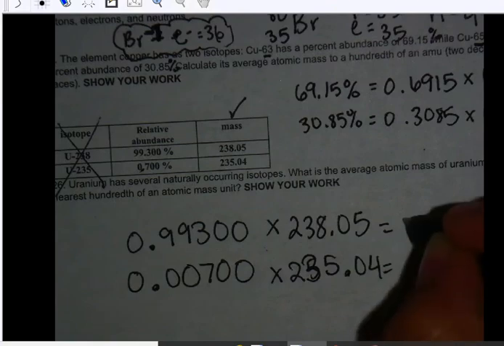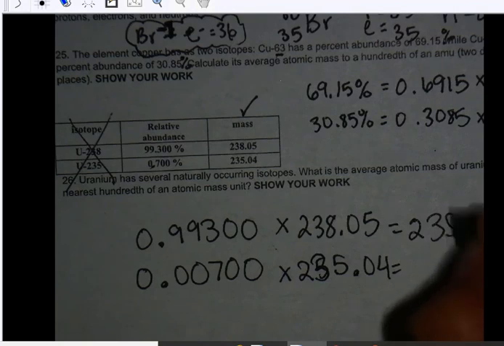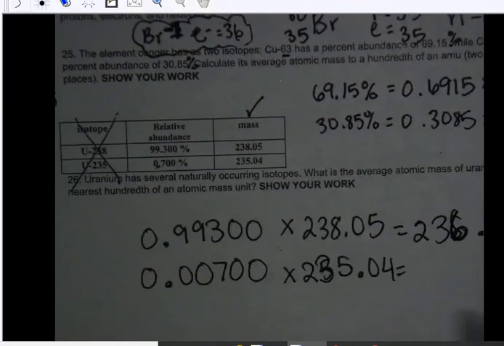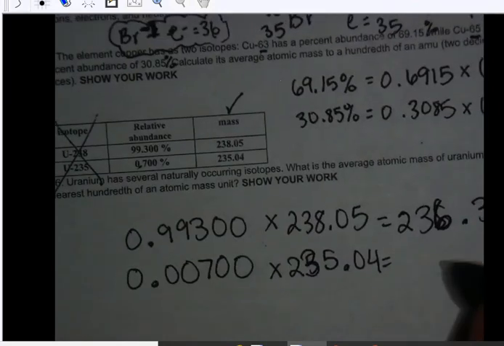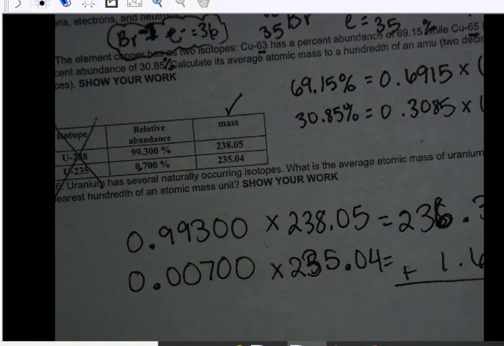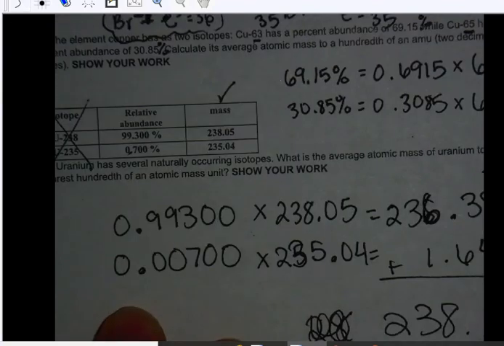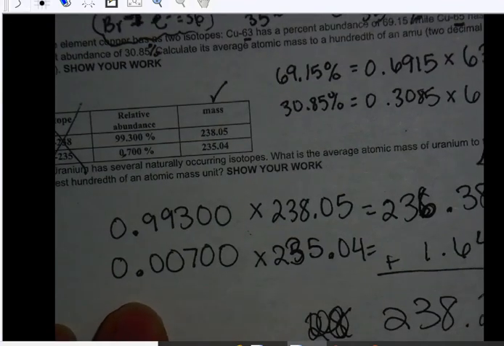For the top one, I got 236.384. What did you guys get for the bottom one? 1.61545? Then the last step is we add those guys together. 238.0292. You're awesome. Thank you. 238.0 and so on. What did you get? I just forgot it. 292. So thank you so much. AMU.